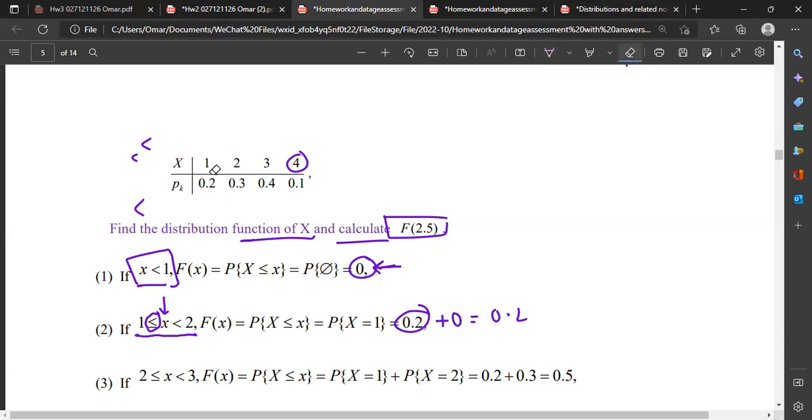And now let's see here. So we have already taken 1, right? Now we have to take 2. See here, we write down 2 here, and then the equal to sign. So x is now greater than or equal to 2, and x is less than 3.